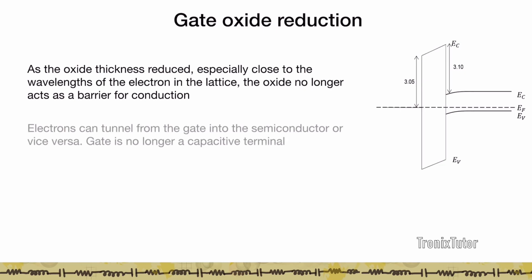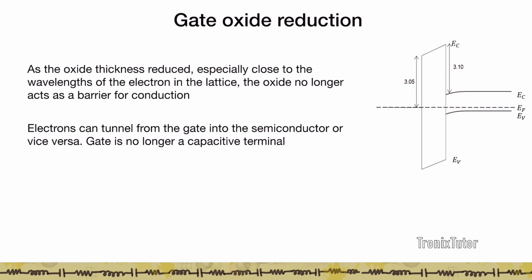An electron in the semiconductor could easily tunnel from the semiconductor to the gate or vice versa. Tunneling is a quantum mechanical phenomenon, and what that means is a current exists when you reduce the thickness of the gate oxide to the order of the wavelength of the electron. So at that time, what you thought was an insulator was no longer one.